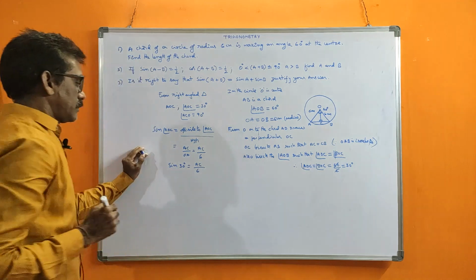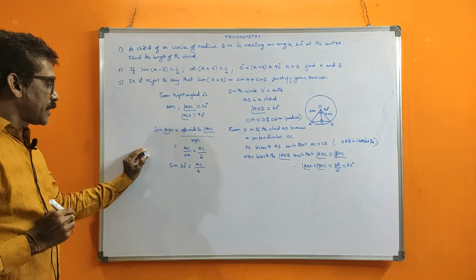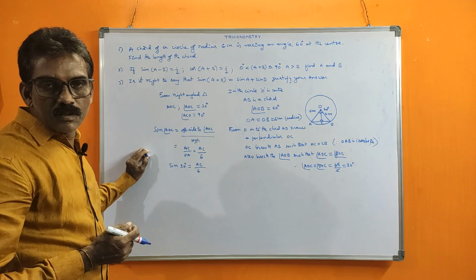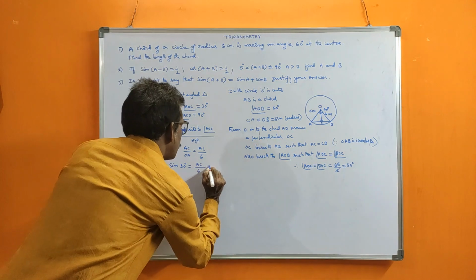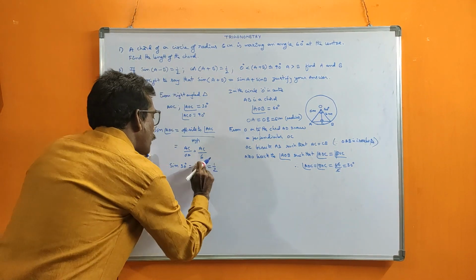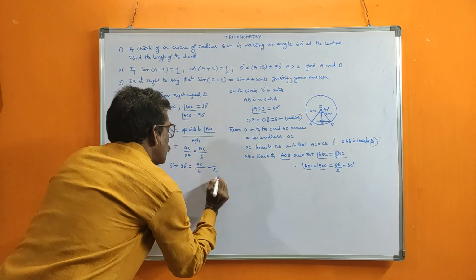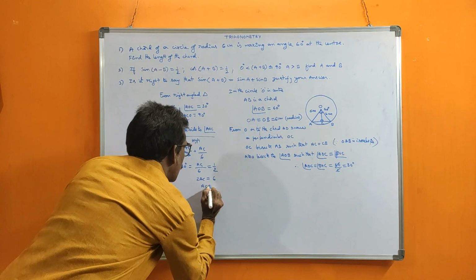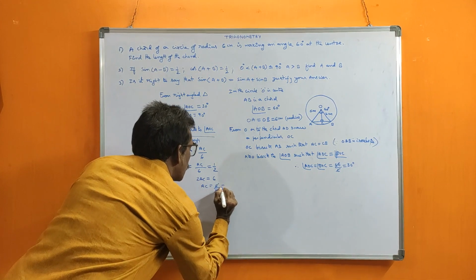Now we write the value of sin 30. Sin 30 value is how much? See, sin 0 is 0, sin 30 is 1/2. So 1/2 equals AC by 6. By cross multiplication, 2AC is equal to 6, so AC is equal to 6 by 2, that is 3.